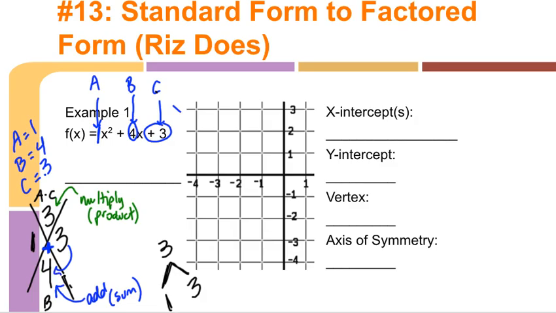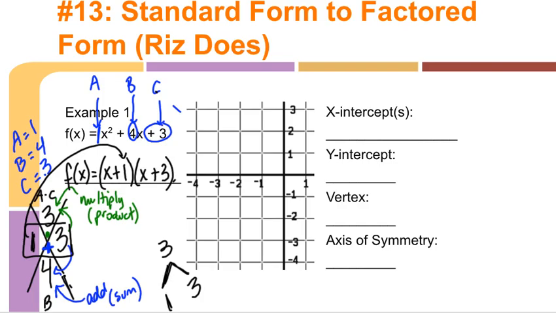And then 1 times 3, does that give me 3? Yeah, that checks out. So these are the two factors that I want to use. So all I'm going to do here is I'm going to write f of x is equal to x plus 1 and this positive 1 is just coming in from here, and then x plus 3, which is just coming in from here. So now, this is convenient because now I have my equation in factored form.